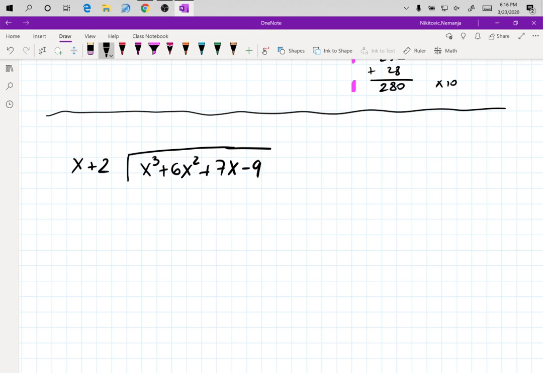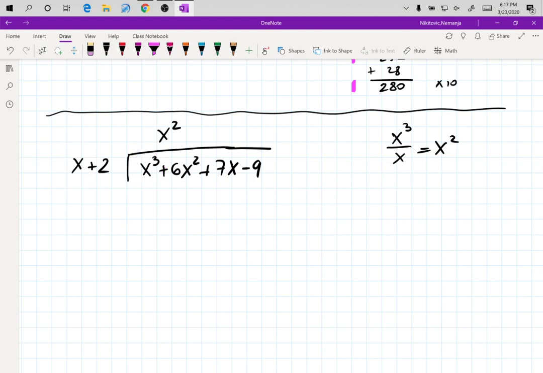So if I write the polynomials and I need to divide, I'm going to look how many times this goes into there. So how many times does x go into x cubed? Well, we can do that on the side. x cubed divided by x is x squared, so it goes x squared times.